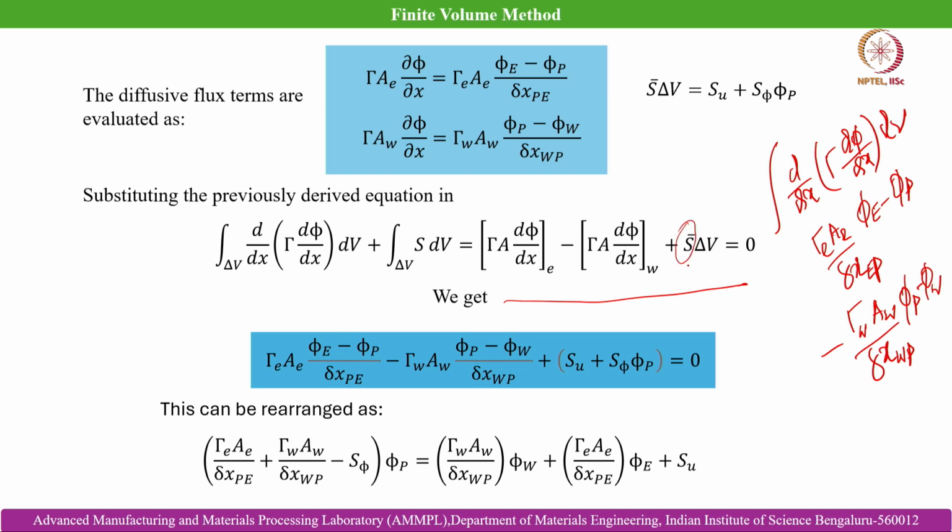From here we can get the expression simplified like this: tau E A E (phi E minus phi P) by delta x P E minus tau W A W (phi P minus phi W) by delta x W P. So, S bar delta V can be written as S U plus S P phi P, which is equal to 0, which can be rearranged like this.